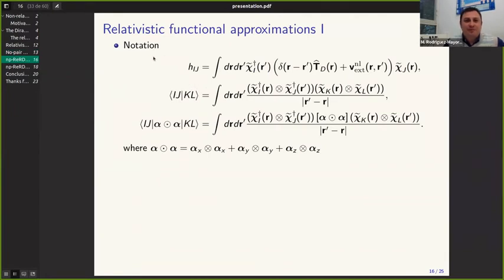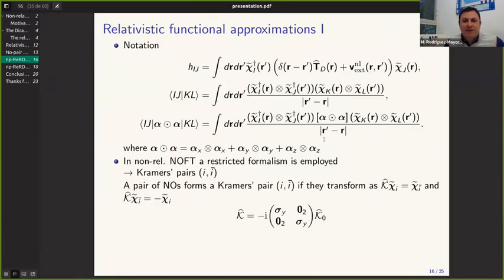So, something about notation. We have this for the one electron integrals, this for the usual Coulomb electron repulsion integrals, and then we have this for the Gaunt interaction, the one that accounts for currents. And then we know that in non-relativistic natural orbital functional theory, usually a restricted formalism is employed. This can be achieved in the relativistic context by using Kramers pairs.